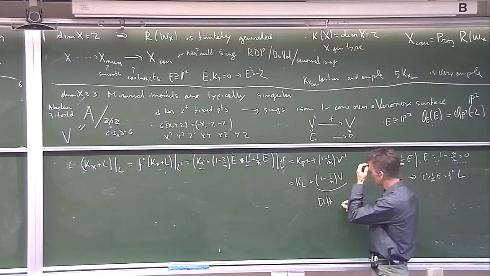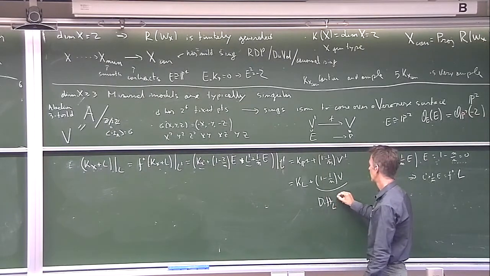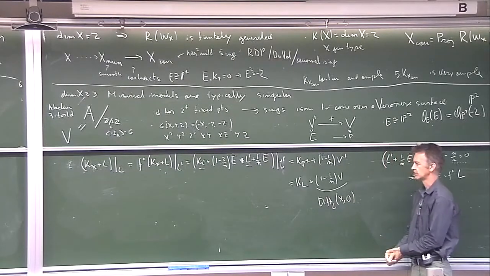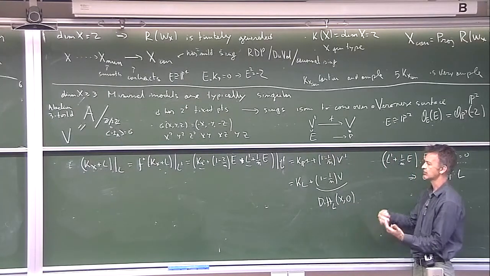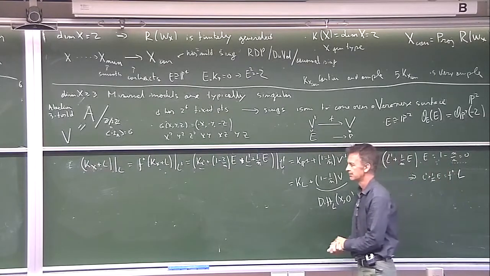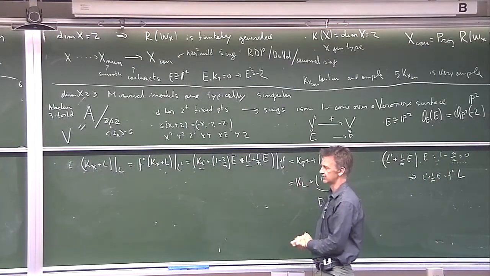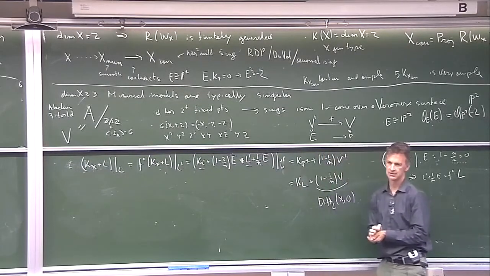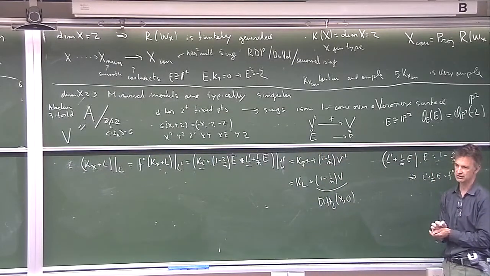Technically, I should write Diff_L(X, 0). That's the technical notation. Later on I'll tell you what the exact formula is in general, but we have already computed the formula that I'll use at a certain point in one interesting case. Any questions about this computation?